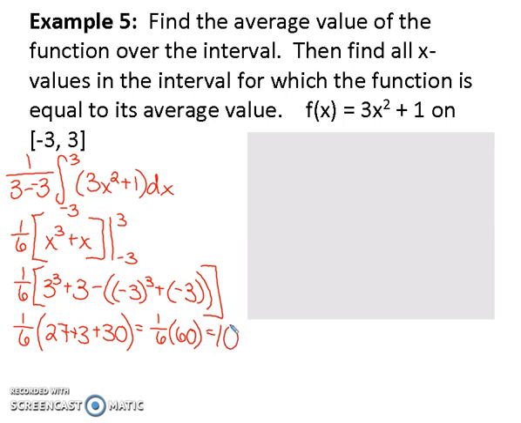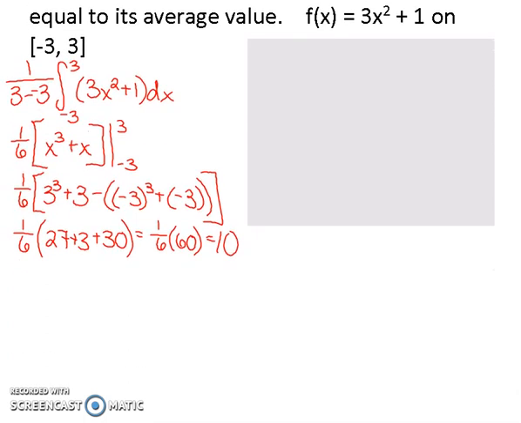So what does that 10 represent? Well, what that 10 represents is that is the average y value of my function 3x squared plus 1 on the interval from -3 to +3. So if I want to, and then it says find all the x values in the interval for which the function is equal to the average value. So we want to actually find where does my function actually equal that amount.